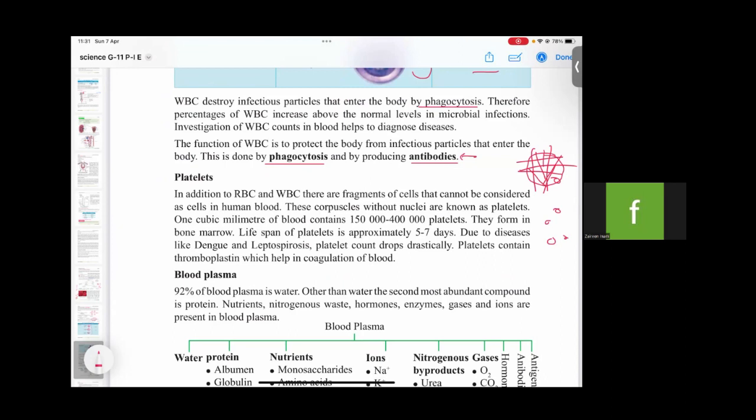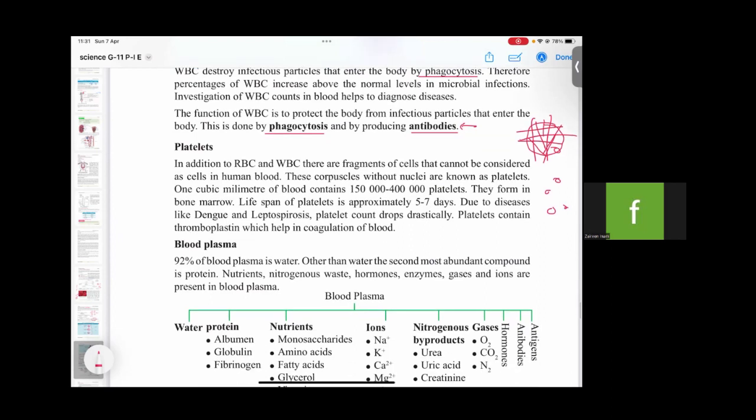Therefore, when there is microbial infection, you can see the WBC level goes up. So when you see the WBC count, you can diagnose the disease. This protection is done by phagocytosis and by chemicals called antibodies. Antibodies are also proteins.